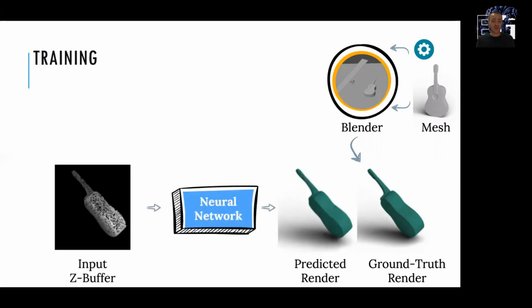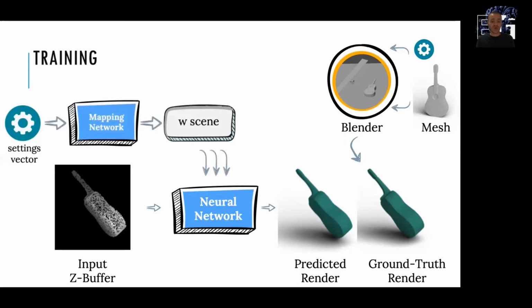Then we project the corresponding point clouds from the same camera angle to produce a point Z buffer and use it as input to the neural network. We train the network to output the corresponding target rendered ground truth mesh. And lastly, we condition the network on the rendering parameters in order to gain control over the visualization parameters at inference time.